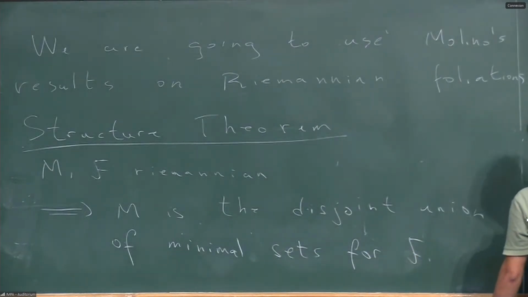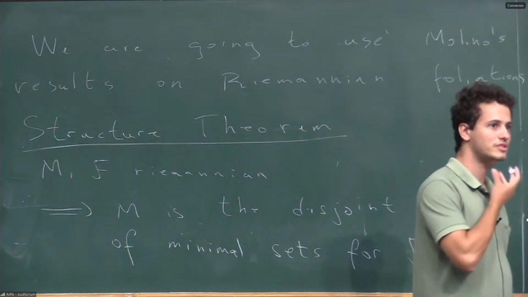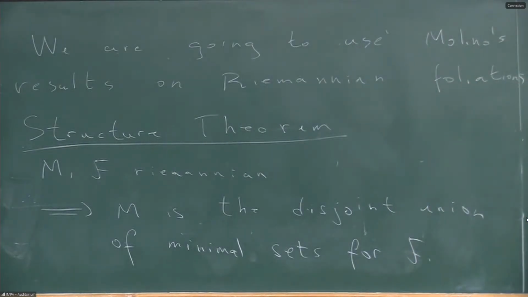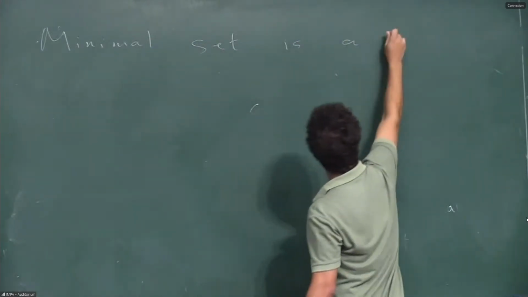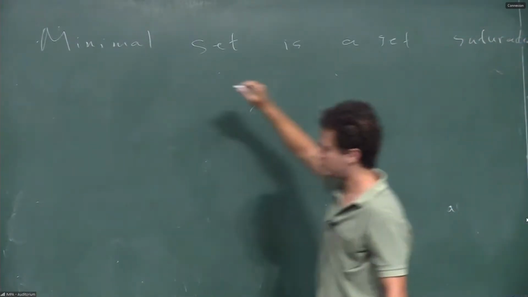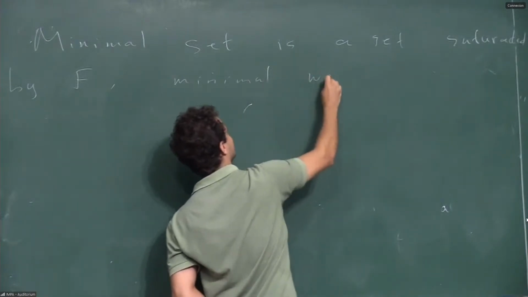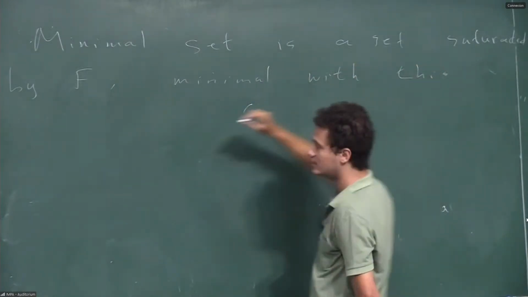It is a closed subset which is saturated by the foliation, which means if you take any point, the leaf going through this point is contained in this set, and which is minimal with this property.